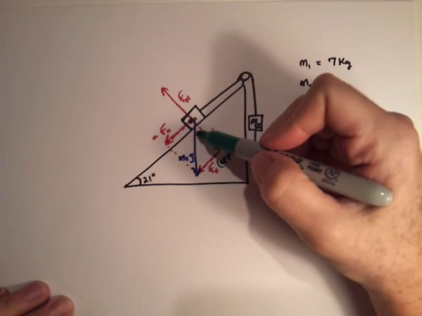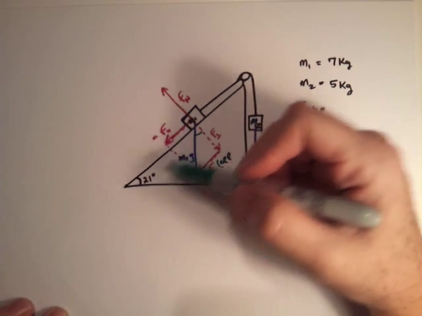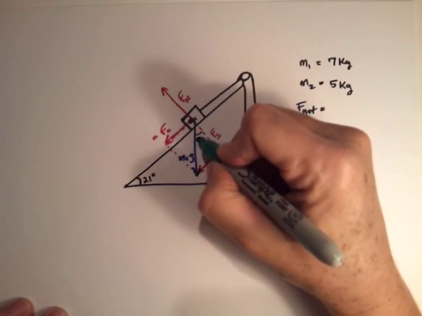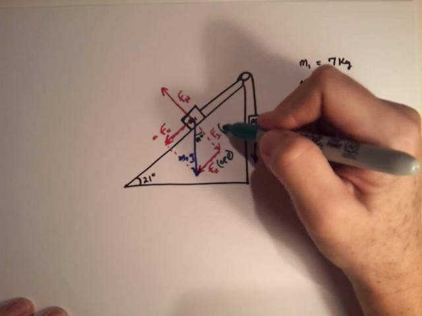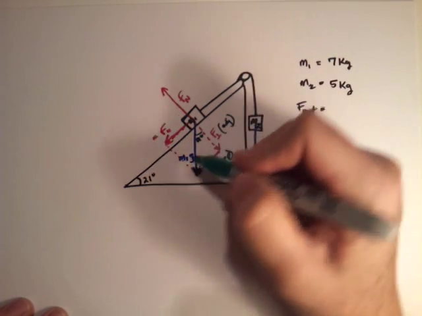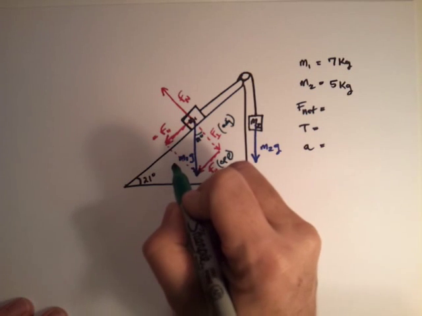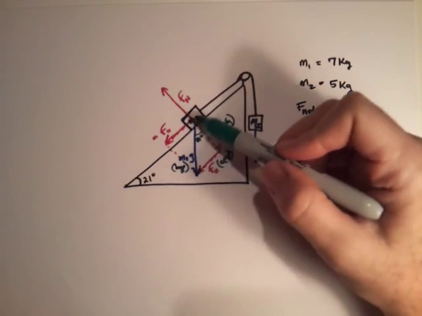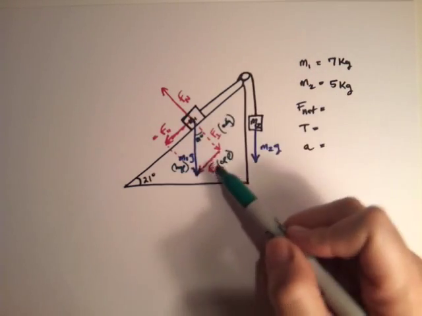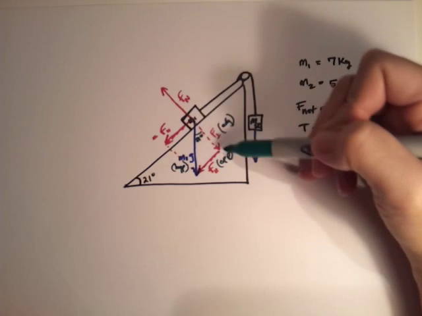Remember that this angle is the same as this angle, and I've shown you that before. This is 21 degrees. It's opposite. This is adjacent to the angle, and this would then be the hypotenuse. Okay, so always on the inclined plane, your hypotenuse is the weight. Okay, F parallel, F perpendicular.